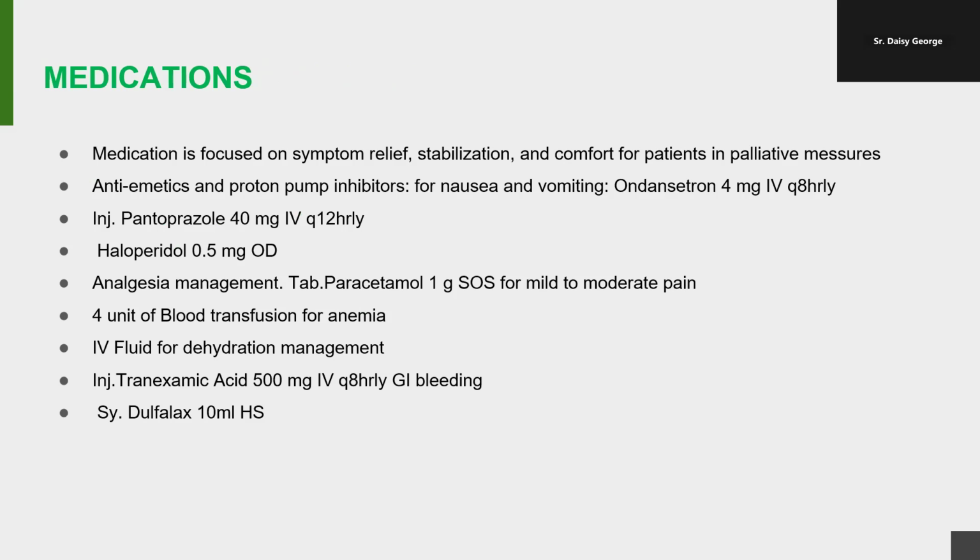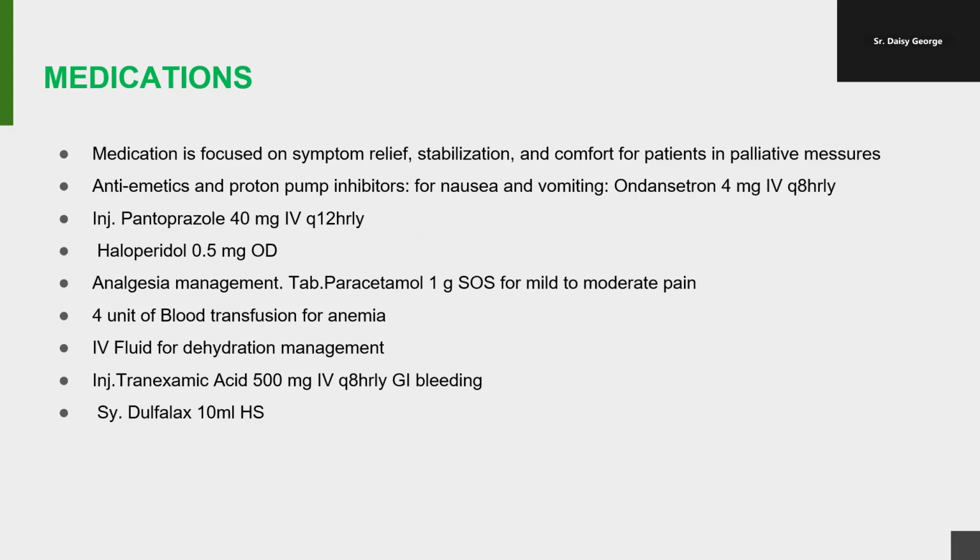Medications. Medication is focused on symptom relief, stabilization, and comfort for patients in palliative measures. Antiemetics and proton pump inhibitors for nausea and vomiting: ondansetron 4 mg IV 8 hourly, injection pantoprazole 40 mg IV 12 hourly, haloperidol 0.5 mg OD.